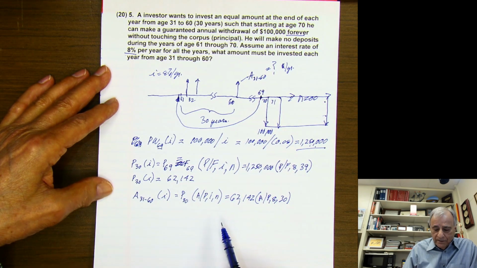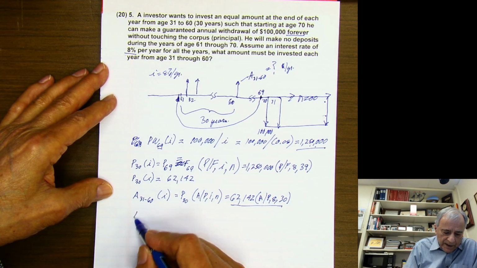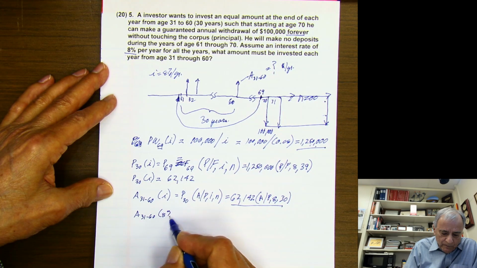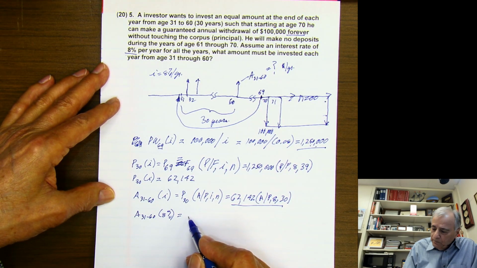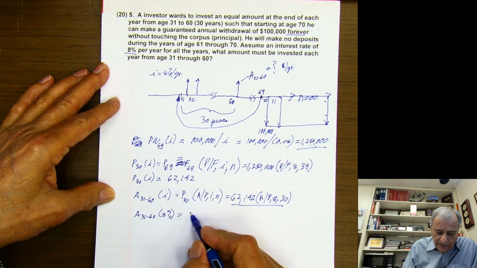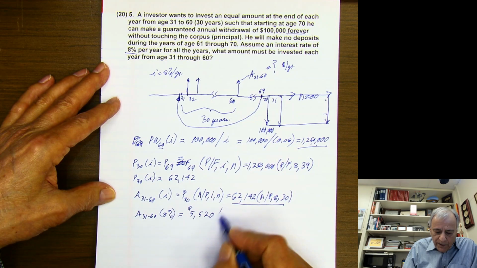That's 30 years. So once we do that, we crank through that, and we get A 31 through 60 at 8% is equal to $5,520 per year.